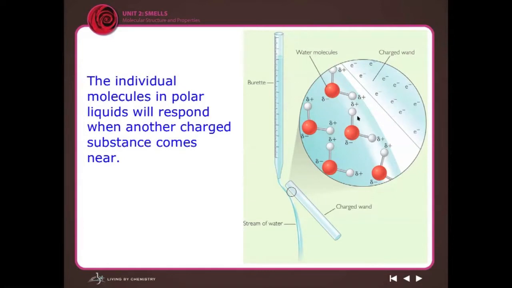It's attracting all the positive sides of these water molecules. So they all orient themselves this way. This negative side then attracts the positive of the next set of water molecules, and so on and so on, and the entire stream bends toward the wand. The individual molecules in polar liquids will respond when another charged substance comes near it.